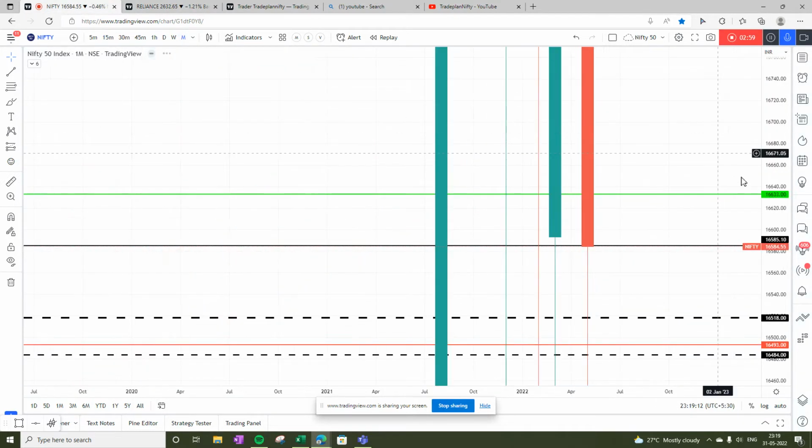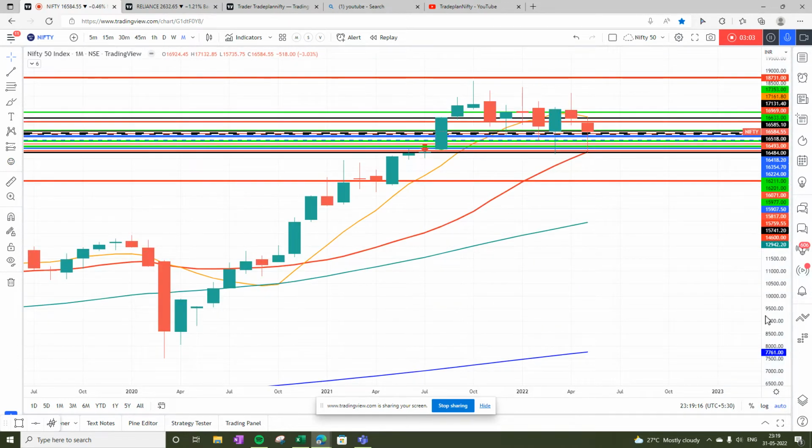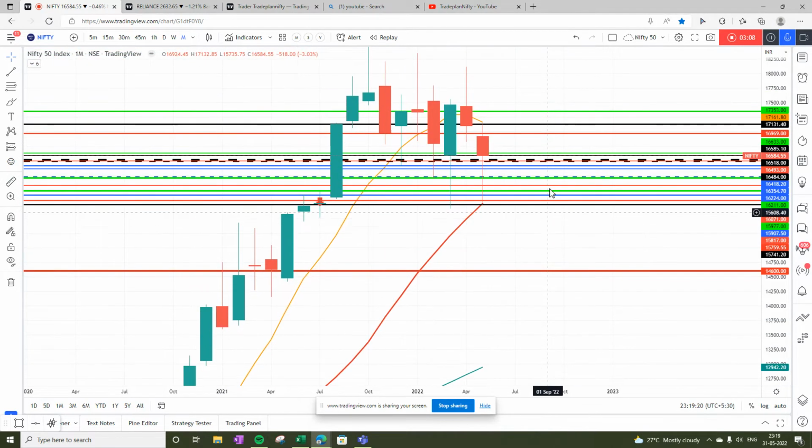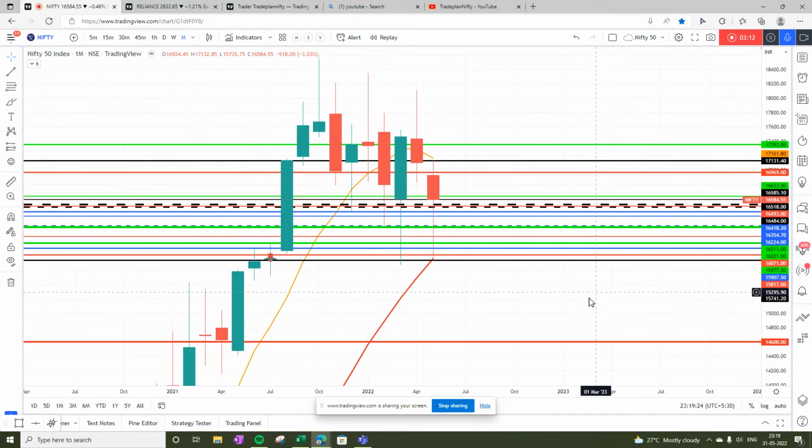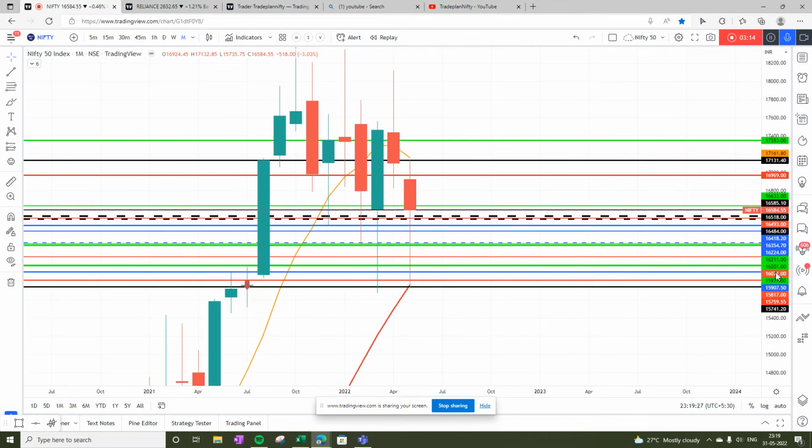So now when we look at Nifty on the monthly chart, Nifty is definitely in an uptrend, and in the last few months nothing much is happening. We are trending in a very big zone of 15,900 to almost 17,800, but in an uptrend.